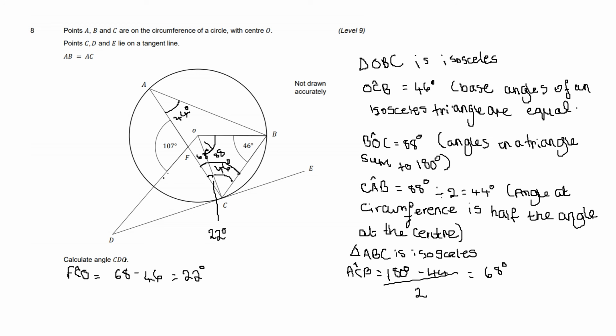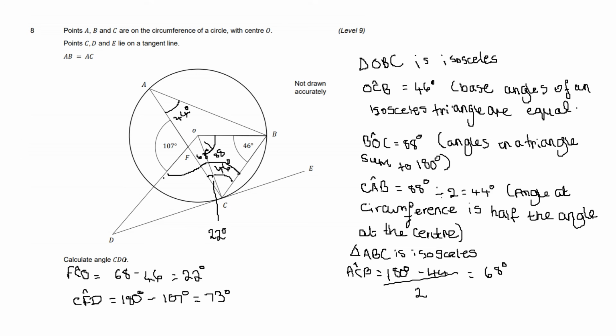Now we can find angle CFD. That will just be 180 minus 107, which will give me 73 degrees.